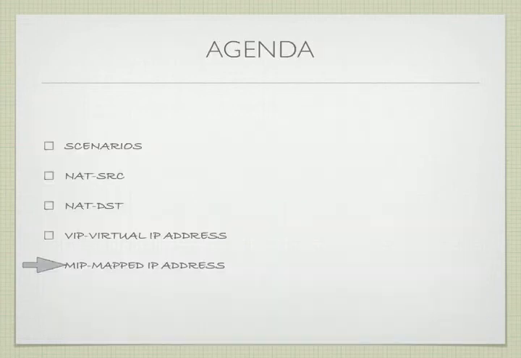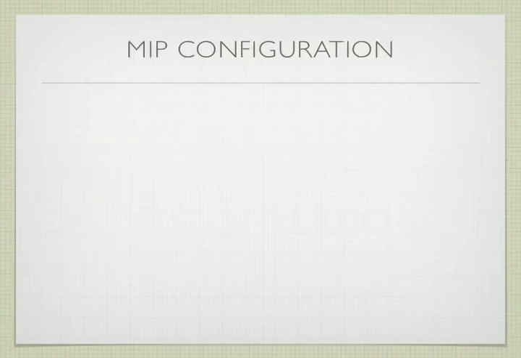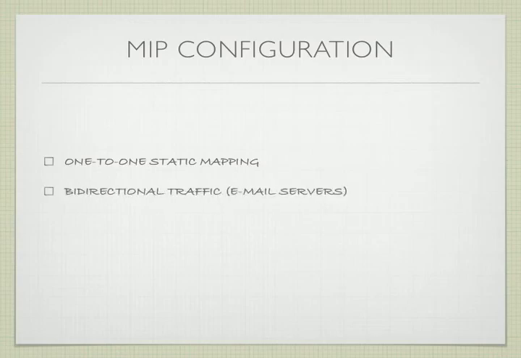Okay, so we have mapped IP addresses. This is our bidirectional function for one-to-one mapping of a public IP address to an internal one. In order to configure MIP, you design your one-to-one static mapping. Then you're going to be able to use bidirectional traffic on that.